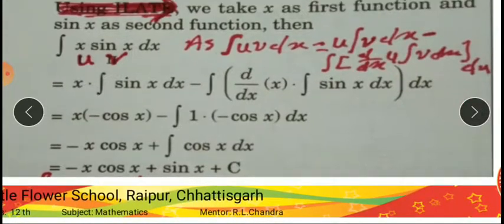You know the formula: minus x cos x plus sin x plus c, where c is the constant of integration. In this case, you can understand we have to choose the first and second function such that the differentiation of the first function, times the integration of the second function, again changes into integrable form.